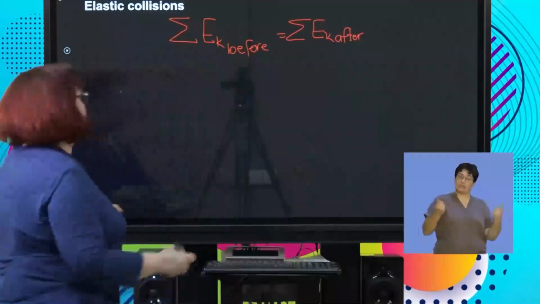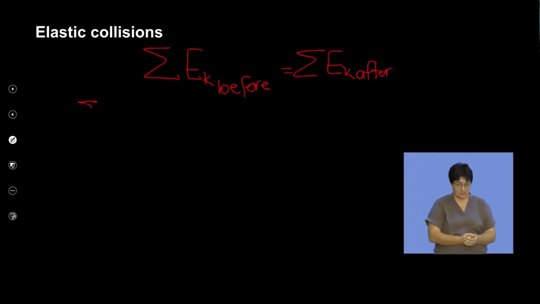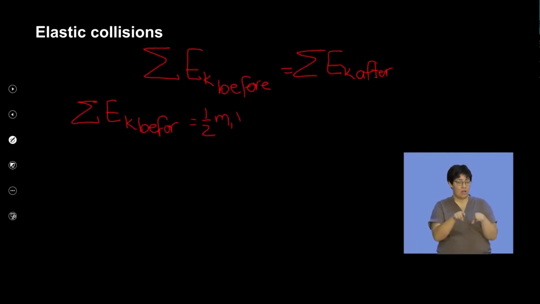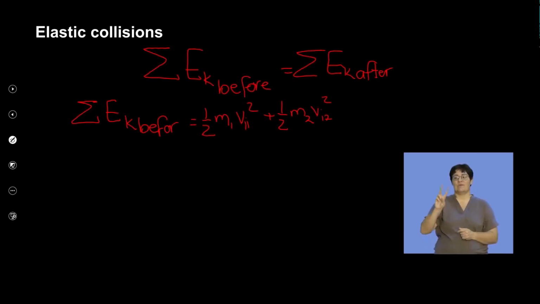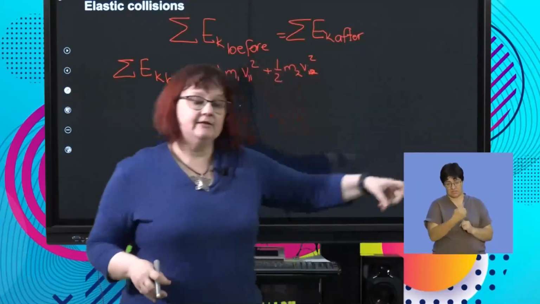So that means the sum of the kinetic energy before will be equal to a half mass of the first one times its initial velocity squared plus a half mass of the second one times its initial velocity squared. Okay? We have to do that calculation first and separately.